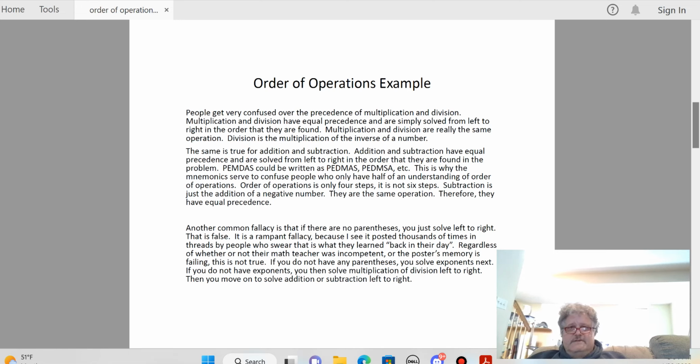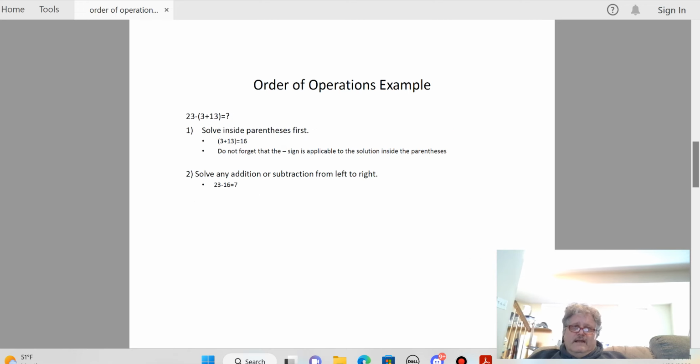I see hundreds and hundreds of people say that, but it's never been part of order of operations. It's in no textbooks. You can't find a textbook in the last 100 years that says that, so it's not true. Anyhow, let's jump right into this example. I'll put a link to another video about order of operations that goes into more detail.